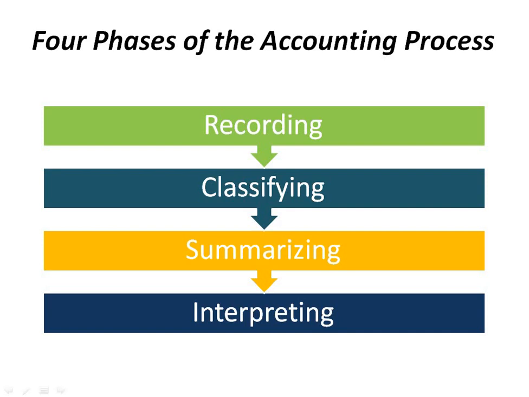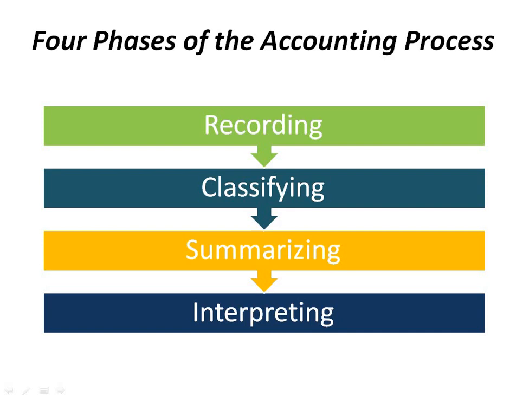In simple terms, classifying means arranging in classes or categories certain items according to their similarities or shared characteristics. In accounting, classifying involves the grouping together of the same accounts which have been recorded under a designated account name in one place called the ledger.